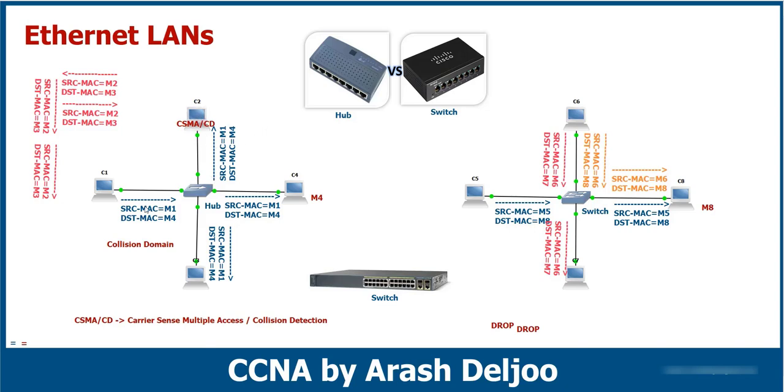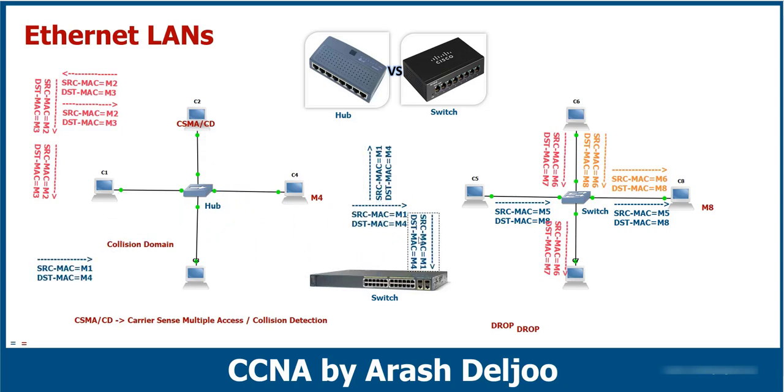For example, assume now in this time C1 is sending traffic, and this traffic is repeated by the hub. C2, C4, C3 can now understand that they are experiencing traffic on the link, on their interfaces. Because of that, C2 should wait. After some seconds, the sending of traffic from C1 is finishing.